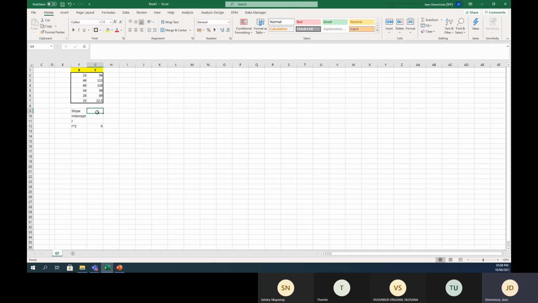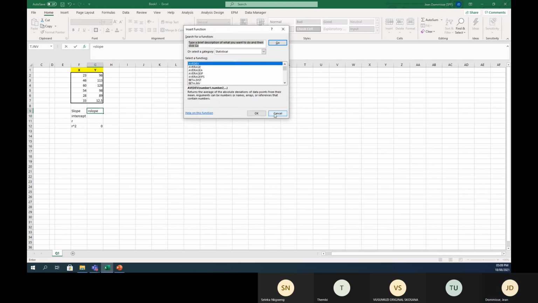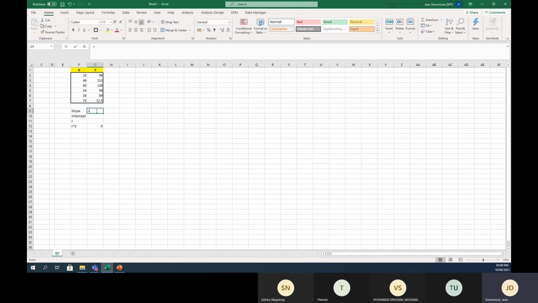Okay, so for the slope function, there is actually a slope function. Let's just do it again.